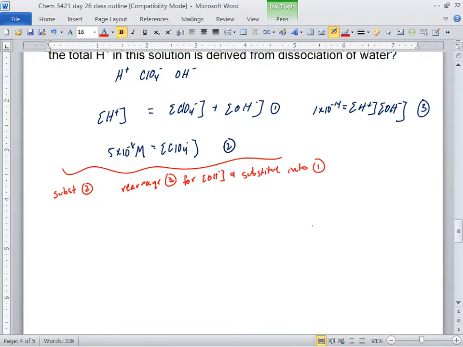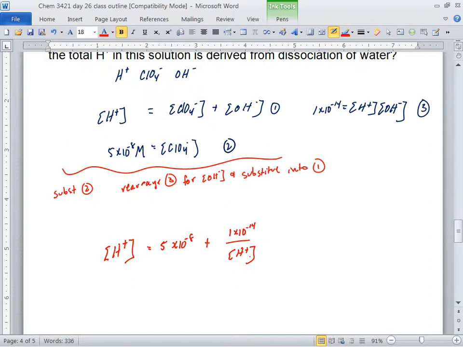So if we do that, we'll have hydrogen ion equals perchlorate. Perchlorate is 5 times 10 to the negative 8. And then in equation 3, hydroxide is what? Well, hydroxide is going to be 1 times 10 to the negative 14 divided by hydrogen ion, right? So plus 1 times 10 to the negative 14 over hydrogen ion.